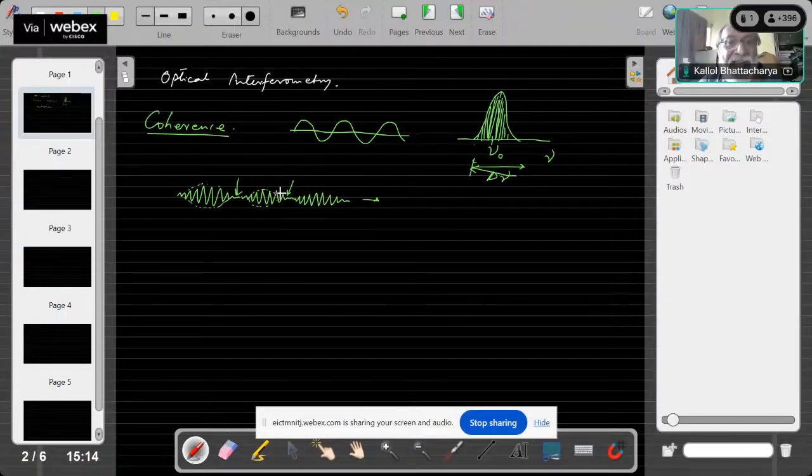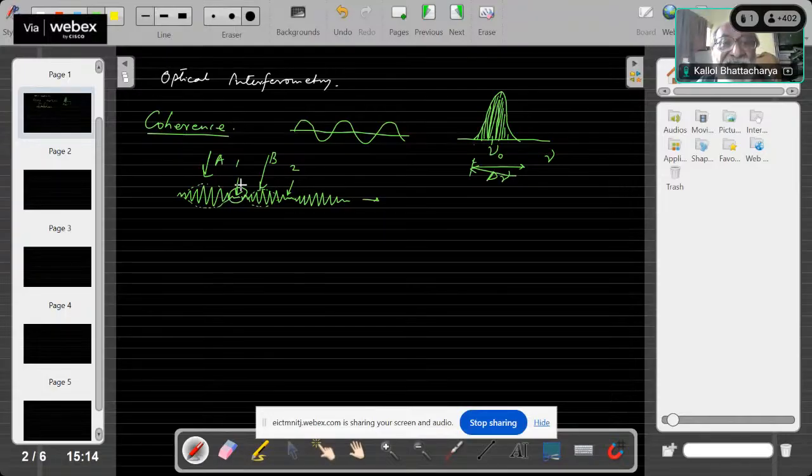Therefore the phase changes randomly, at a rate of 10 to the power 9, 10 times a second, very close to the frequency of light. That is to say, the phases between these two points, let's say, if this is my point A and this is point B, are completely random because the phase is changing randomly here.